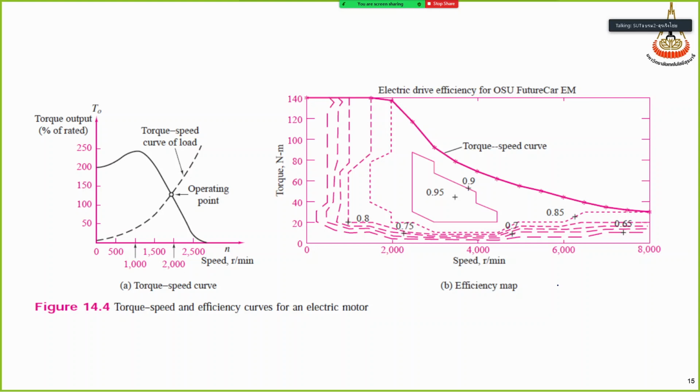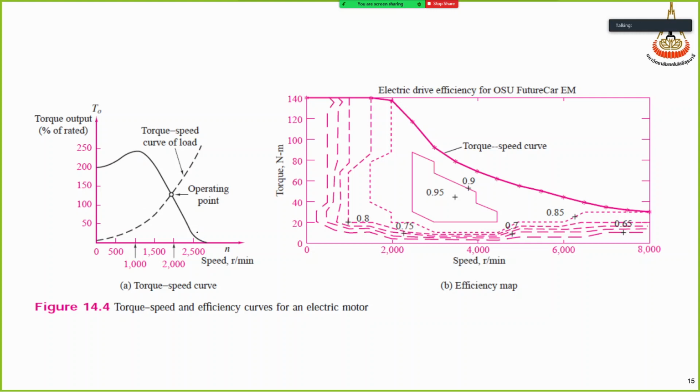Okay, and another characteristic of the machine that we need to consider is the speed torque curve. Each machine will have a speed torque curve. This means at one speed, you can produce a certain torque. Usually if we increase the speed, the torque decreases.